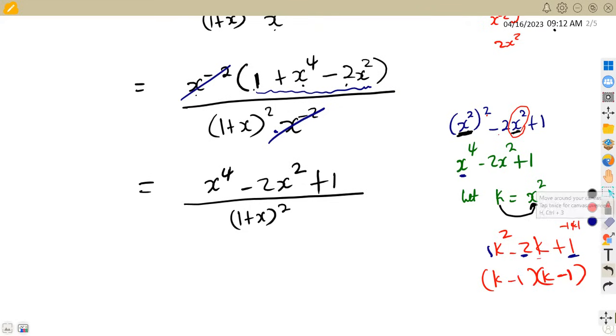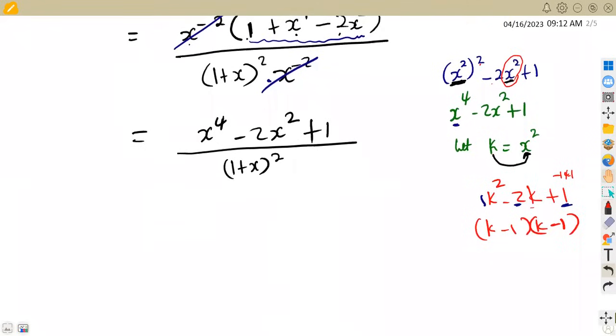But remember that we are factorizing for x, not for k. So now we are going back where we introduced k, where we said k is representing x squared. So in place of k, we are going to replace our x squared. So this was going to be x squared minus 1. In place of k, x squared minus 1.